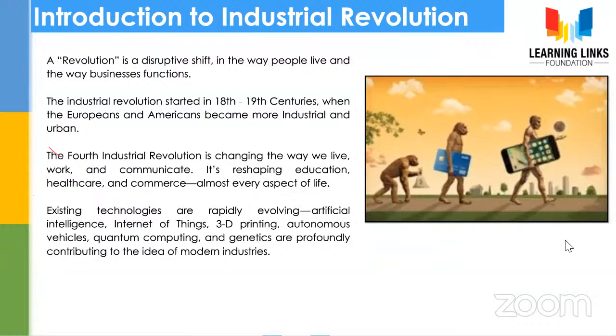A revolution is a disruptive shift in the way people live and the way business functions. Every time human beings update their way of thinking and way of life, they apply it in business functions also, so they increase business functionality.